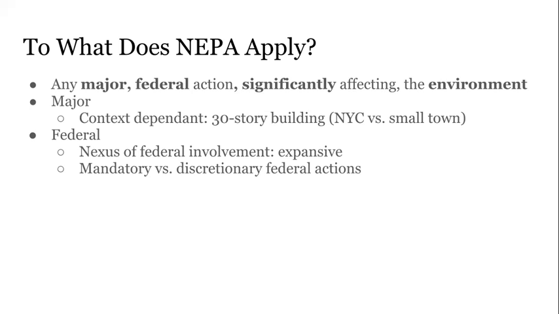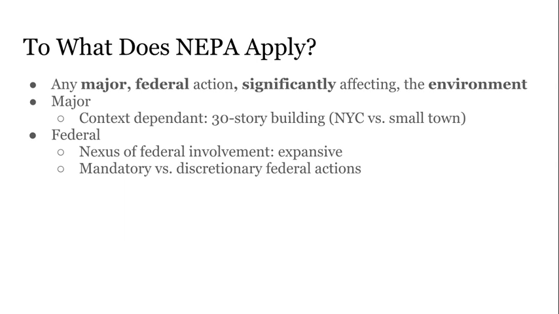Now, what that usually means is in terms of mandatory versus discretionary federal actions. Mandatory generally refers to where the federal government must do something. The federal government has no choice under a statute or some other regulatory entity; it is required to act.